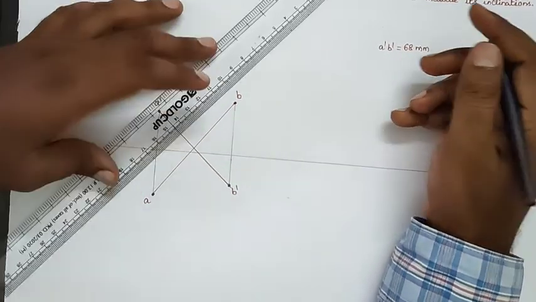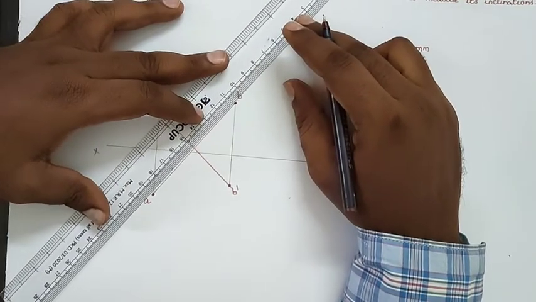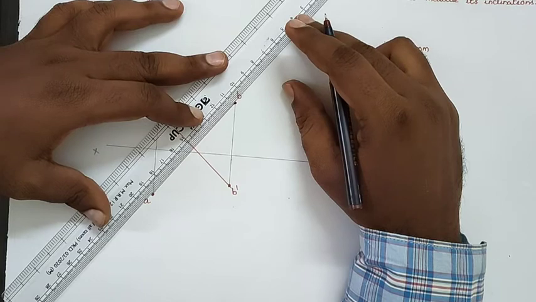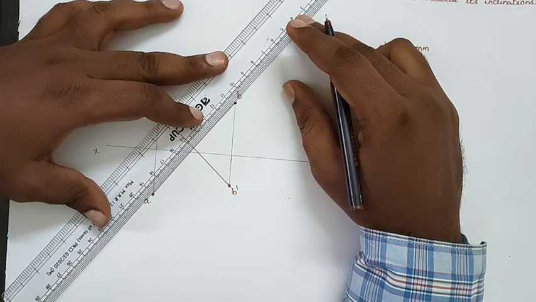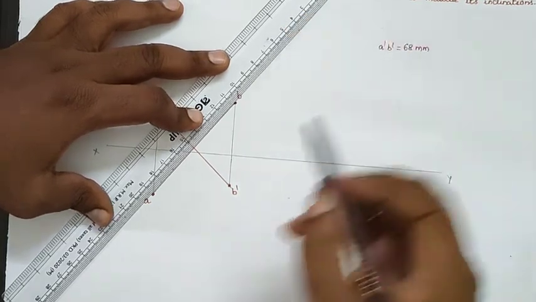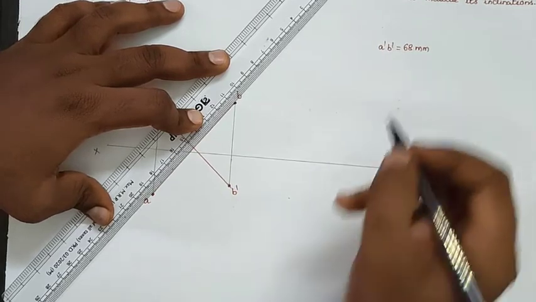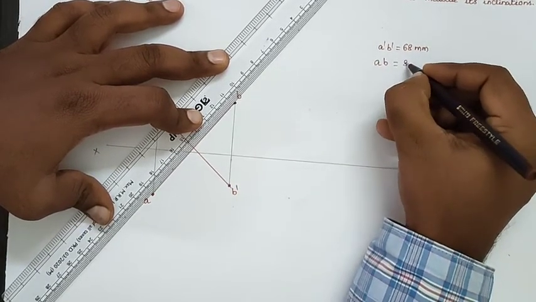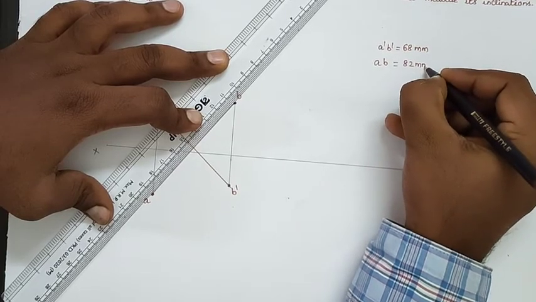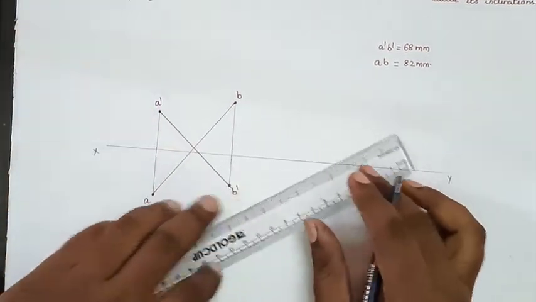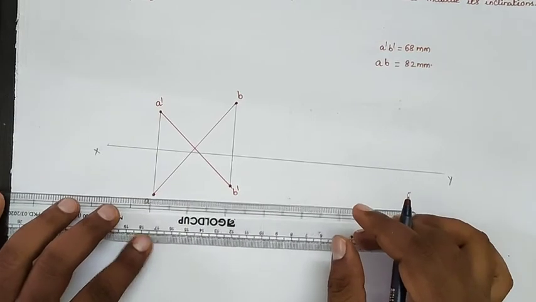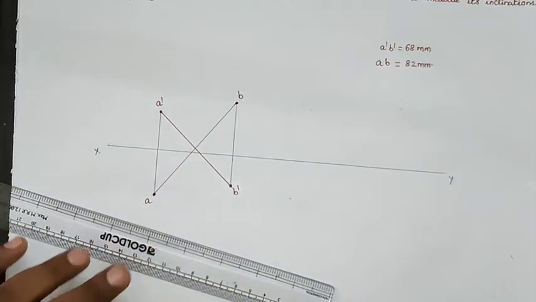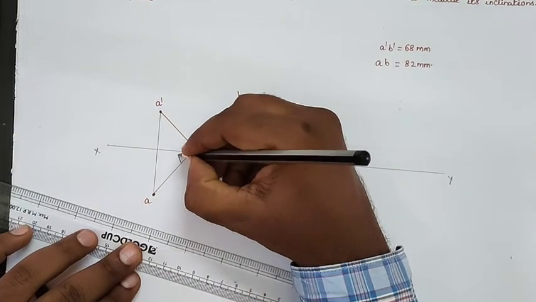And I am also finding the length of the top view. The length of the top view we will get is 82 mm, so AB is 82 mm. They are also asking for the inclinations with respect to plan and elevation, so this inclination and this inclination we can find out.